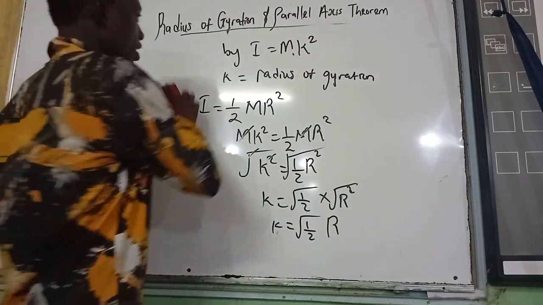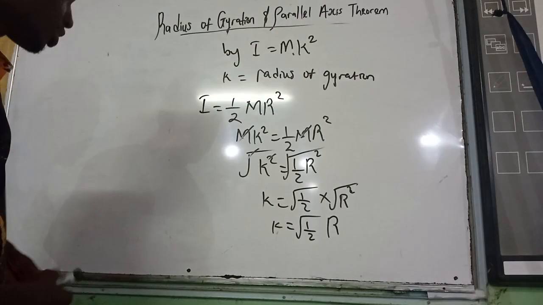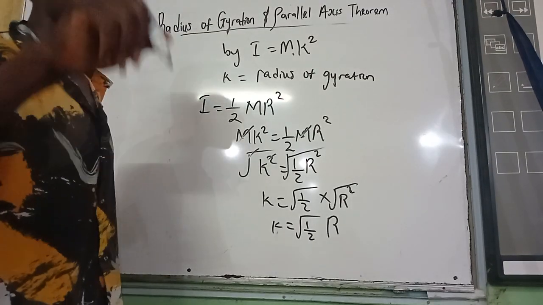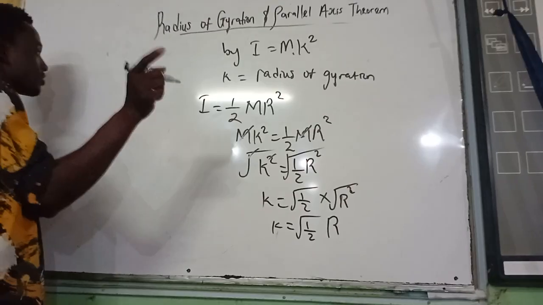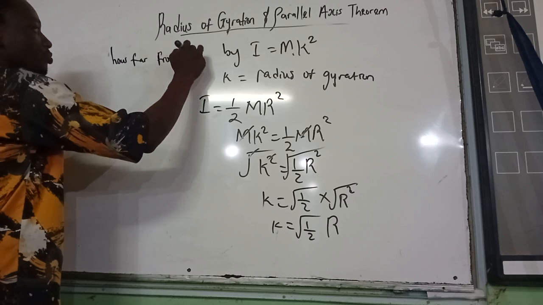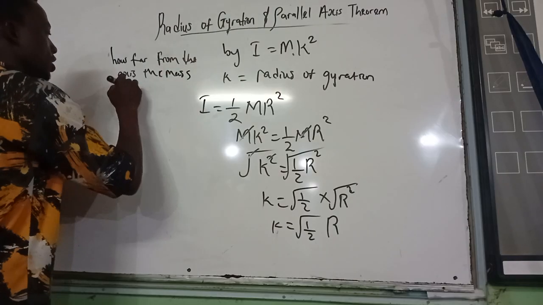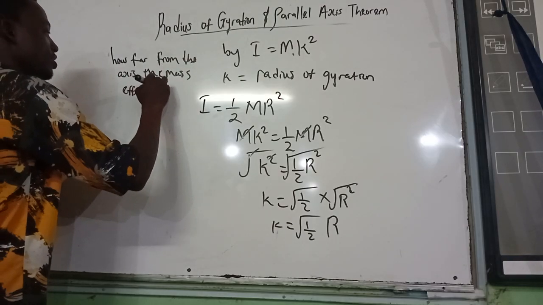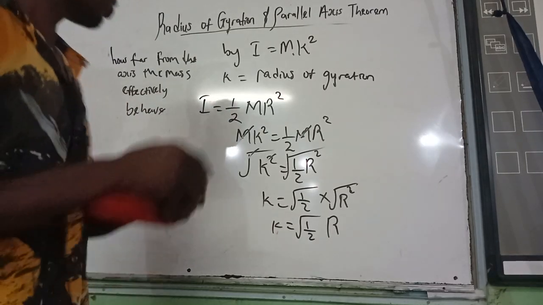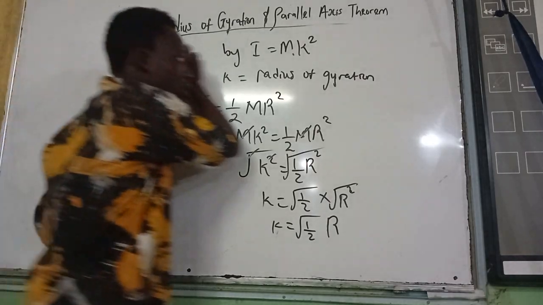Radius of gyration tells us how far from the axis of rotation a mass effectively behaves as if concentrated. That's what radius of gyration tells us about. So please just take note of that. We are not wasting much time on that. Like I said, it depends on the object.